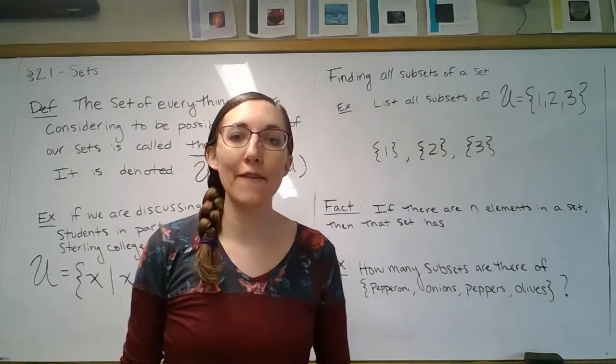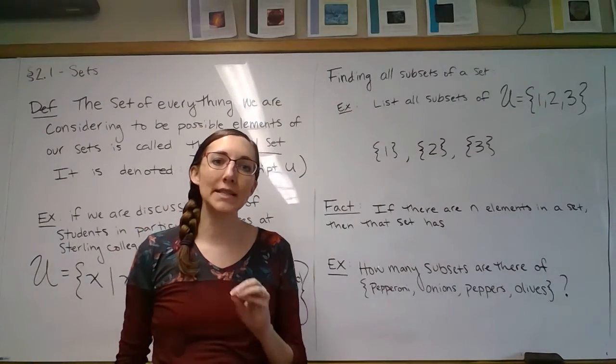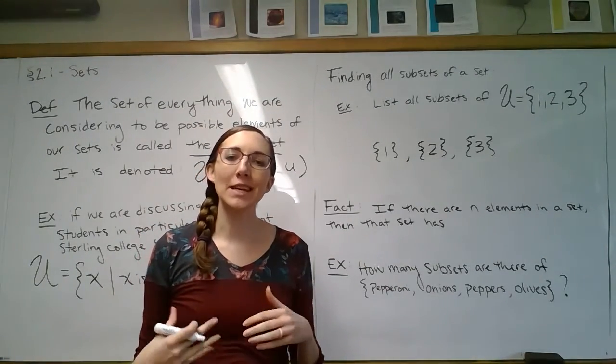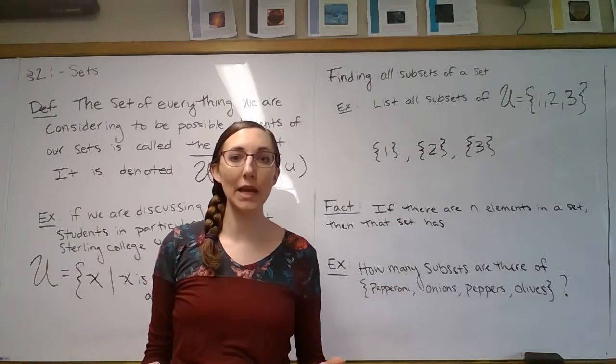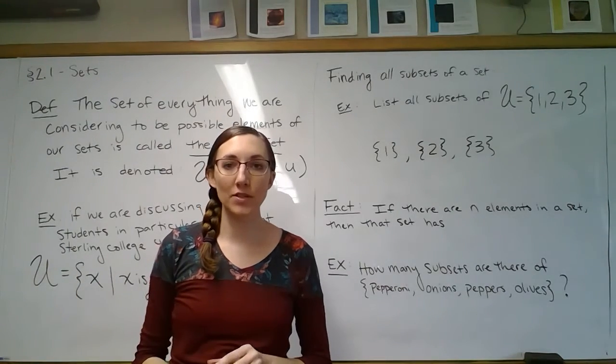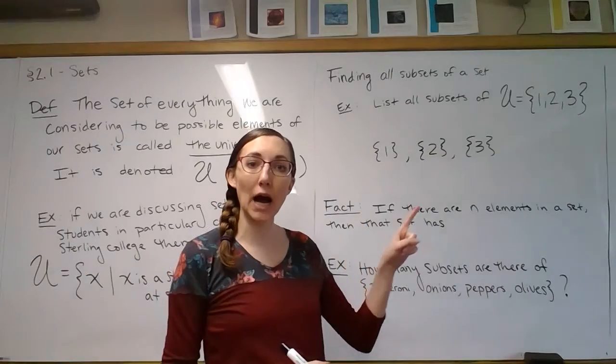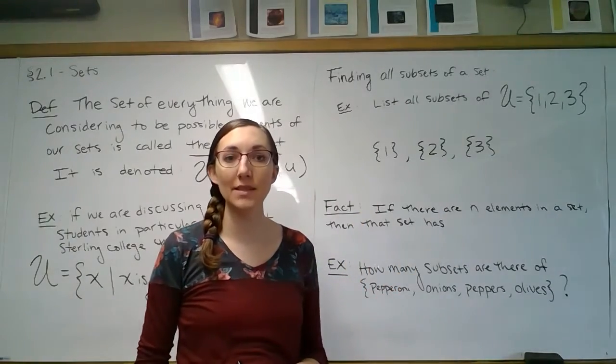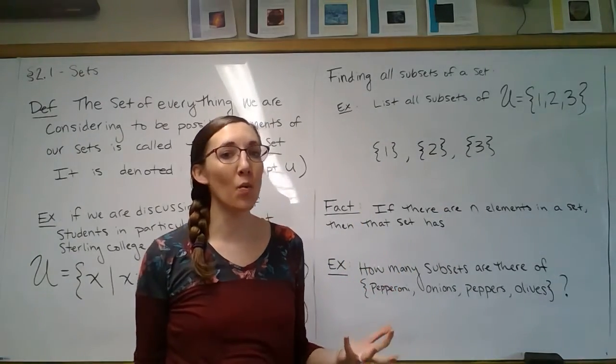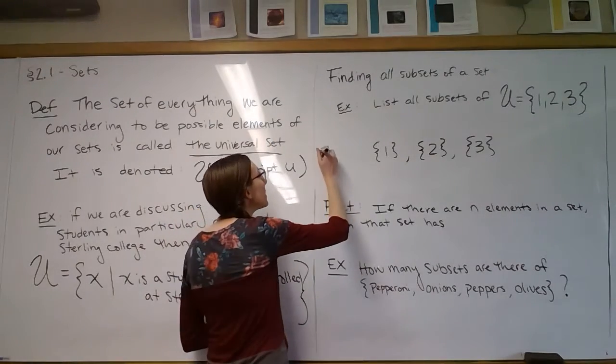One thing that I find helpful is to write down the subsets using a system for determining which subsets I'm looking for. So what's in common with all of these subsets? Well, they all contain one element.